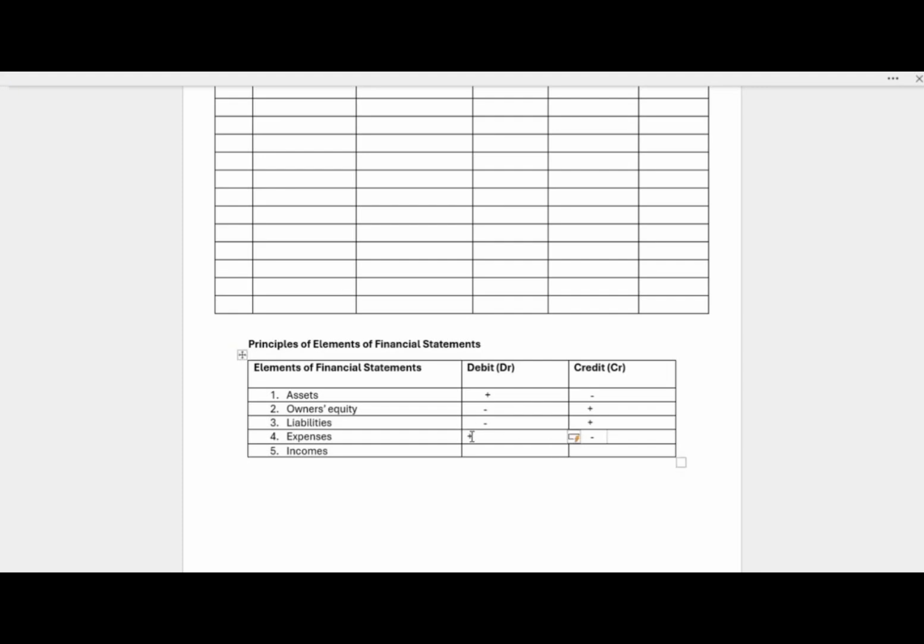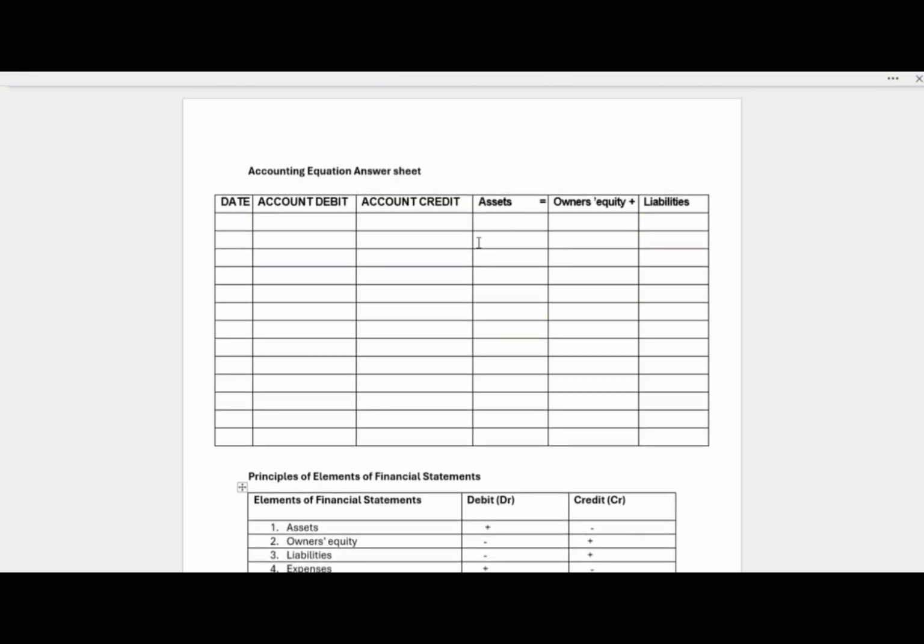And when it comes to incomes, they increase on the credit side, and then decrease on the debit side. So this is what we are going to follow. We are going to follow these principles in order to record here whether we must debit or credit, and whether it is plus or minus in terms of the effects in the accounting equation format, right?